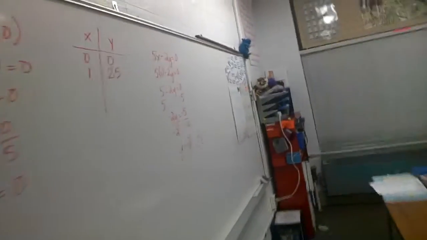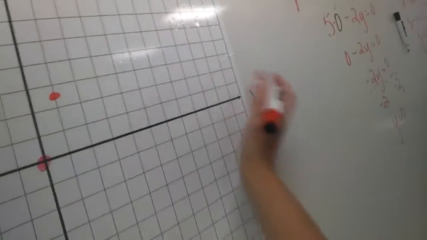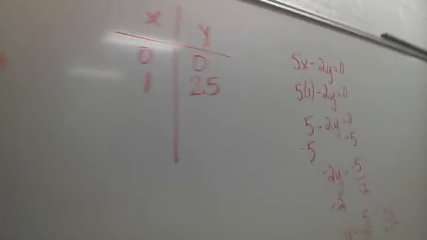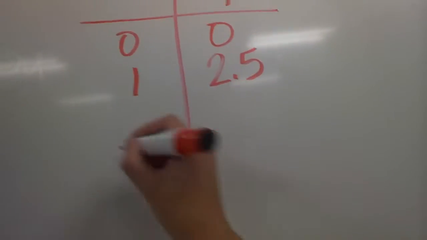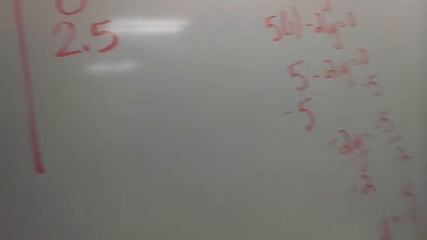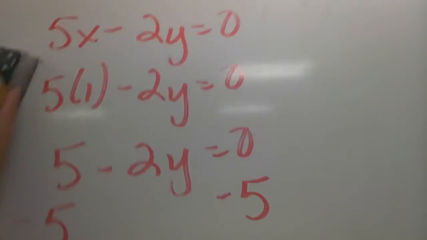So we're going to pick another point, and I'm actually going to pick a negative, just because I have one to this side in quadrant 1 or 4, and I want one that's going to be over here in quadrant 2 or 3. Okay, so I'm going to go with negative 1 just to see what happens. It should be similar to this one because 1 and negative 1 should be about the same.